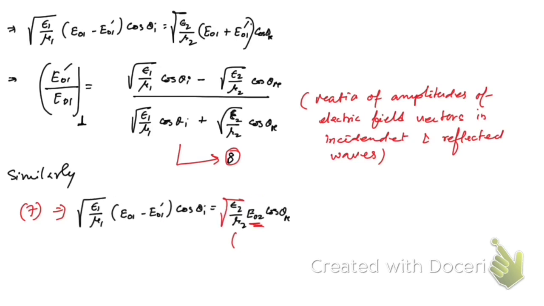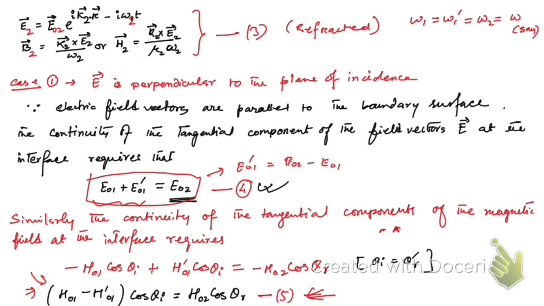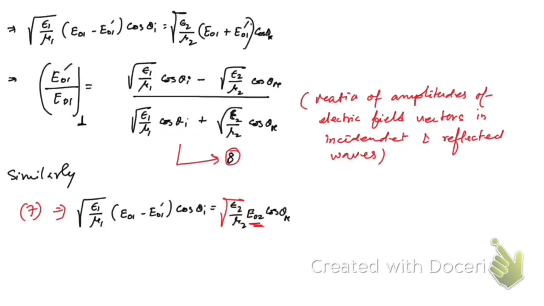Let me go back to the previous slide. So this equation, equation number 4, let me use this equation. From here we get the value of E01 dash. Let me copy this and put it here. That was equation number 4.